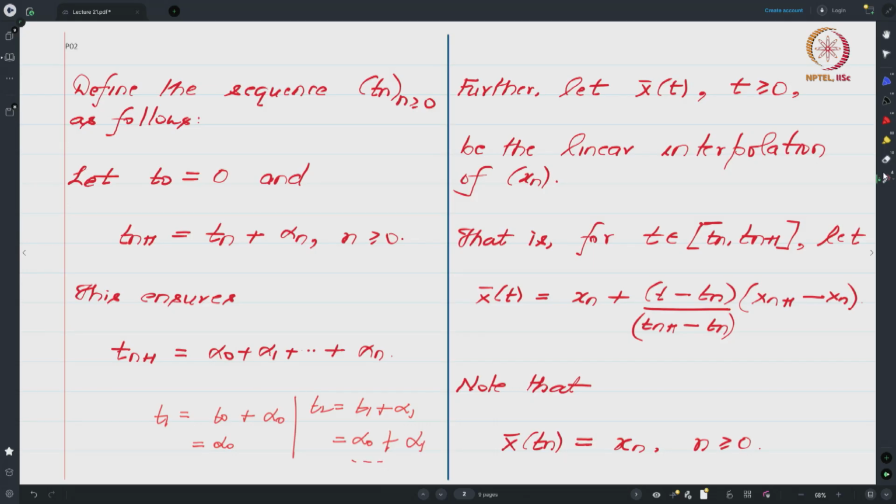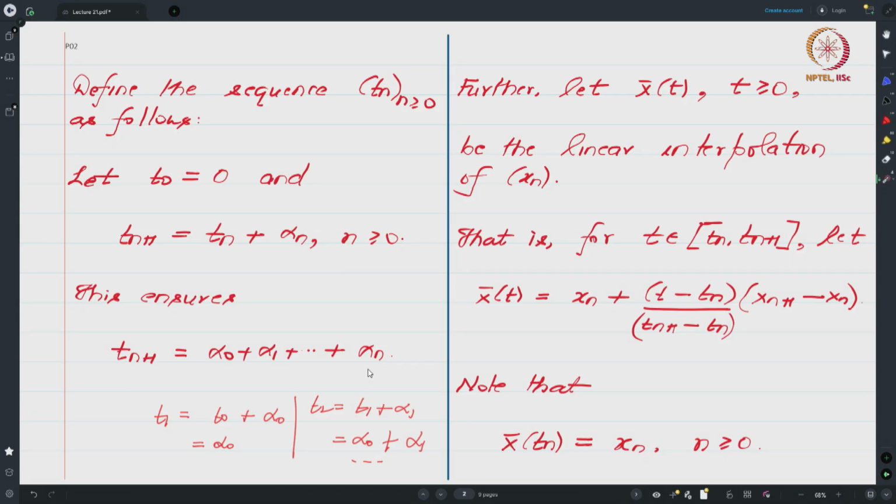One can see that if you do this calculation this way, one can conclude that Tn plus 1 equals the sum of your step sizes starting from alpha 0 all the way up till alpha n. Just keep in mind this change in index; you can see that the way we have defined this is indeed true.